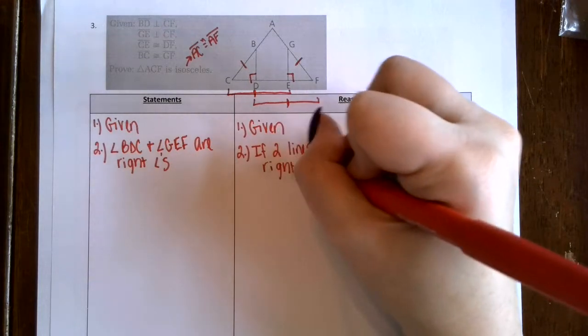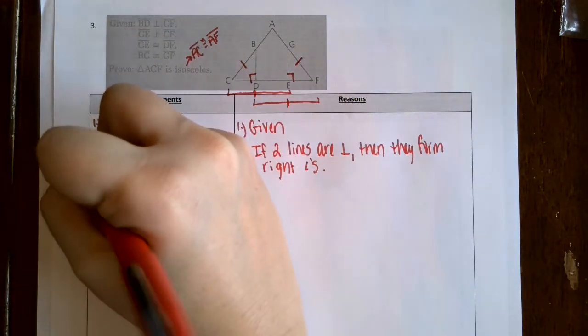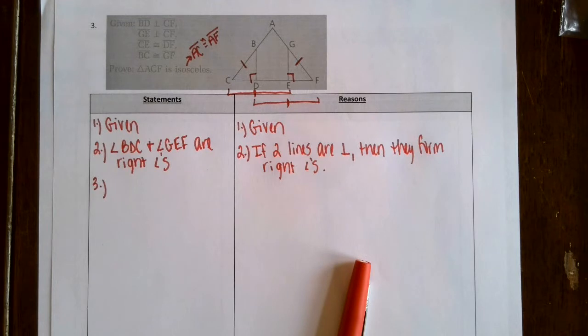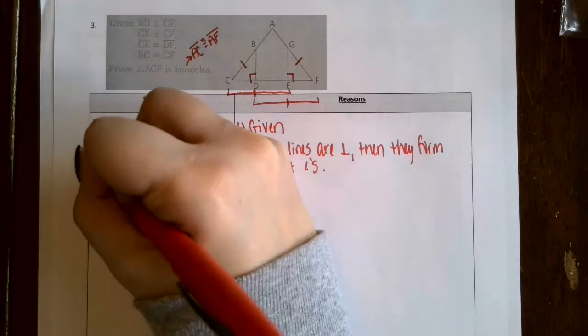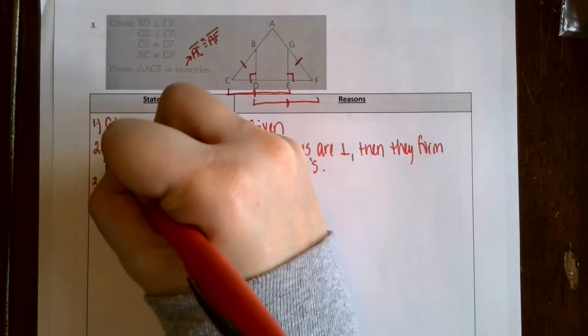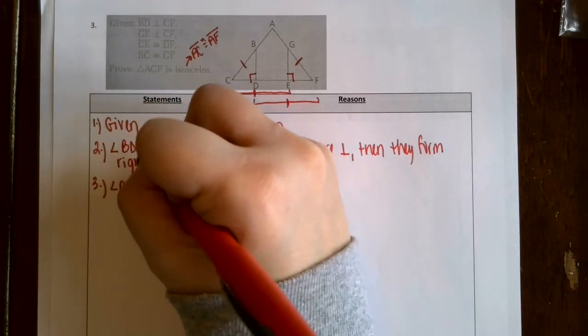Okay, again, when we do our proofs, we want our angles to be congruent to each other. So if we know that they're right angles, we know that they're going to be 90 degrees, which makes them equal. So angle BDC is congruent to angle GEF.